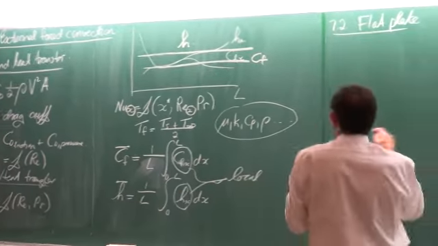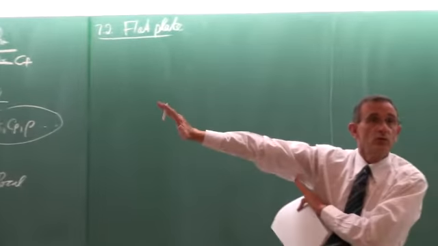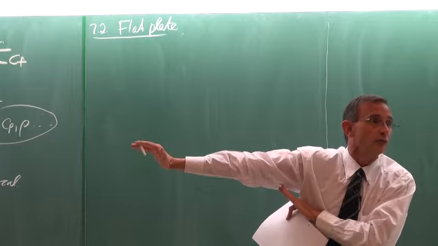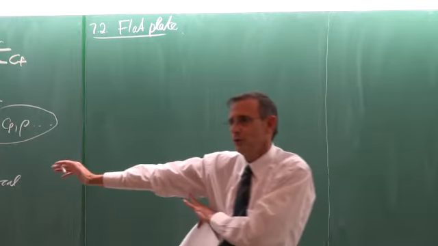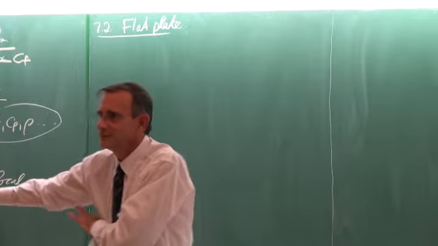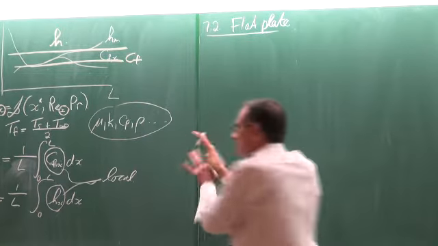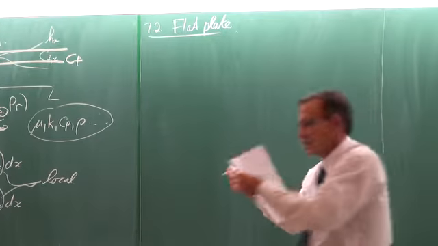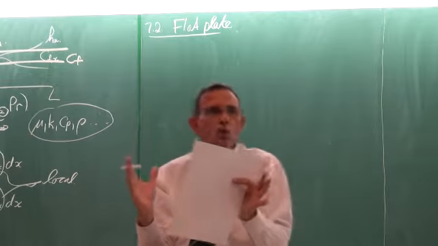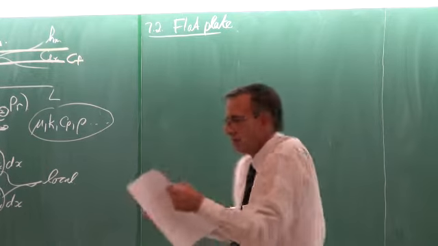Okay. Now, what we did was for laminar flow. Unfortunately, all the flow in real life is not laminar. Most of it is actually turbulent. So let's take that into consideration and make things more general and put everything together.